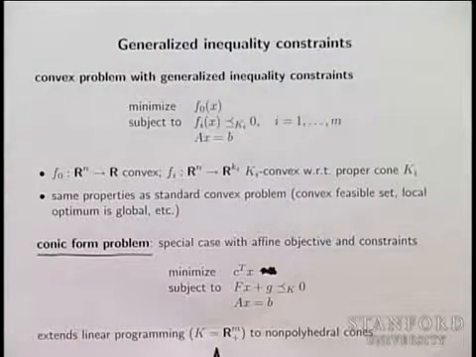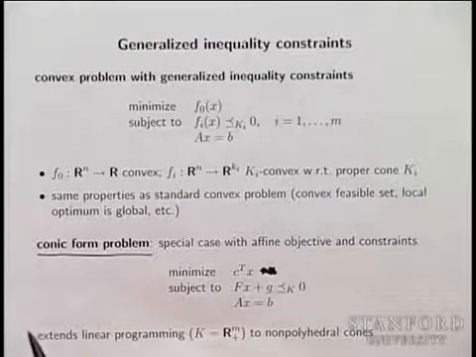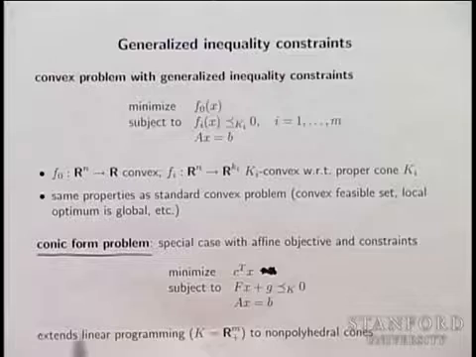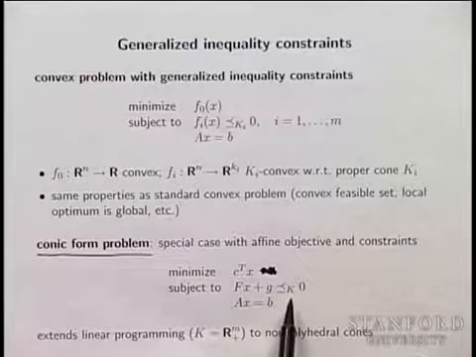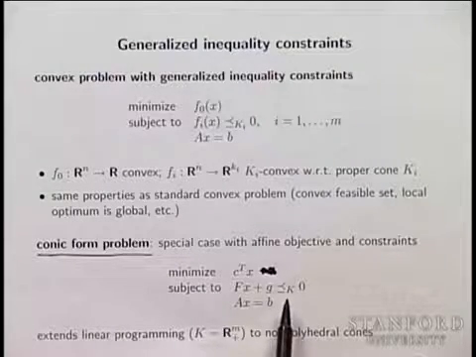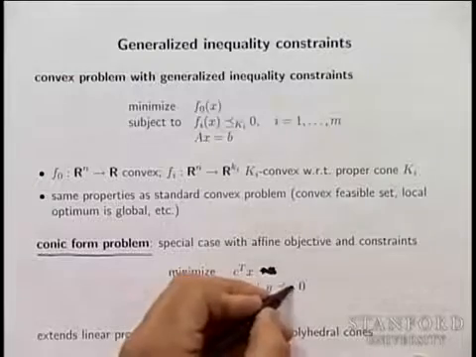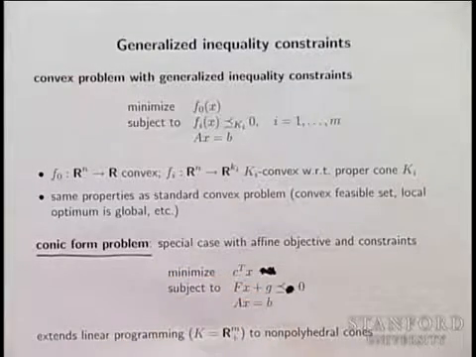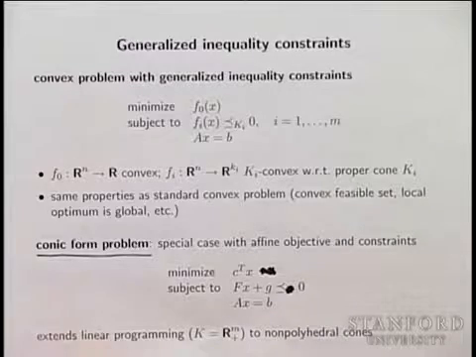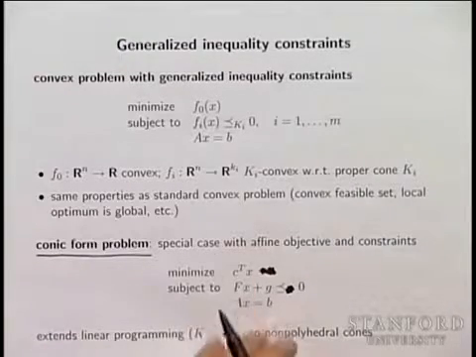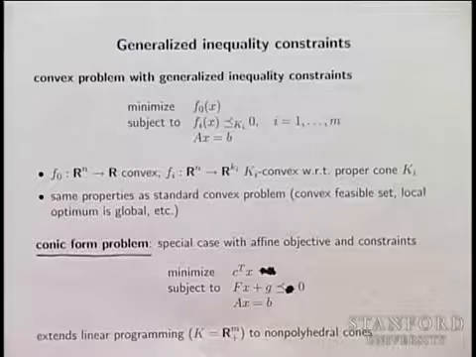I think it's interesting because it sort of generalizes the idea of linear programming to cone programming. If this inequality here is with respect to the non-negative orthant, recall that if we erase this, that's the default. The default inequality between vectors is with respect to R plus, and it means component-wise inequality. That's a general LP. That's a general linear program.